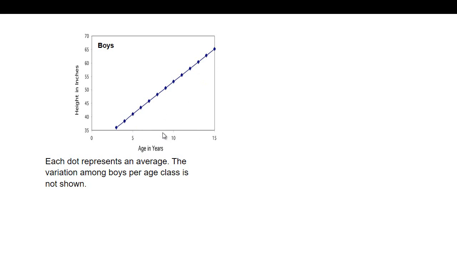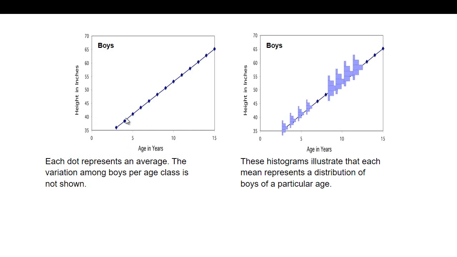In the first figure, the variation among boys per age class is not shown. Obviously not every 5-year-old has a height of 43 inches, so there is variation in height among the 5-year-old boys. In the second figure, we still have the same straight line, but for each age level we have drawn a histogram that represents the distribution of height at that age.